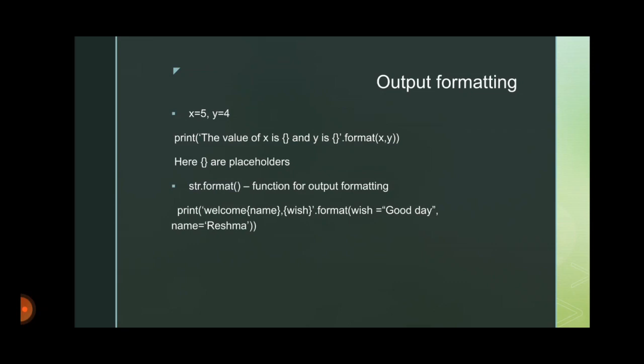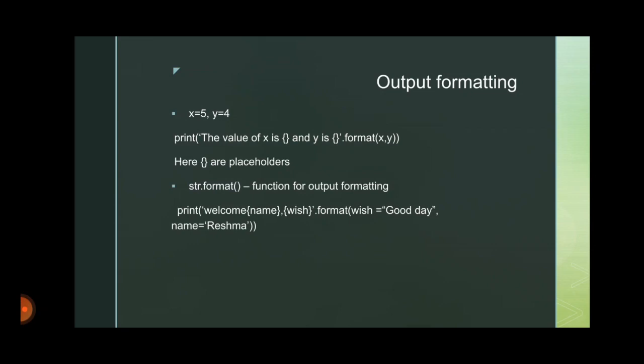I specify the string within the quotes, and after that dot format. Within the string portion, we can specify what we want to display in the output device. The value of x is curly braces and y is curly braces. These braces are placeholders, that is, the values are placed in those positions. And dot format of x comma y means the values x and y are placed respectively in the placeholders. The output will be: the value of x is 5 and y is 4.